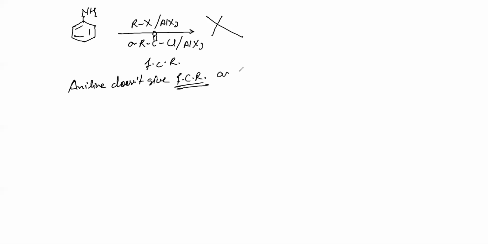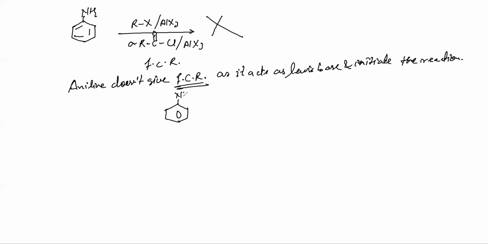As it acts as a Lewis base and initiates the reaction in a very strange manner. If you remember the mechanism of Friedel-Crafts reaction, it is written in your notes also.